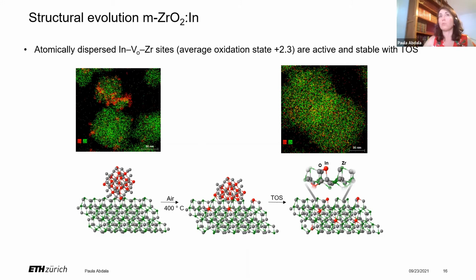Initially, we have well-defined indium oxide nanoparticles that start to dissolve as ions into the structure of monoclinic zirconia during calcination, and furthermore during time on stream and the reaction conditions, leading to highly dispersed indium sites on the monoclinic zirconia, which are stable against over-reduction and highly active.